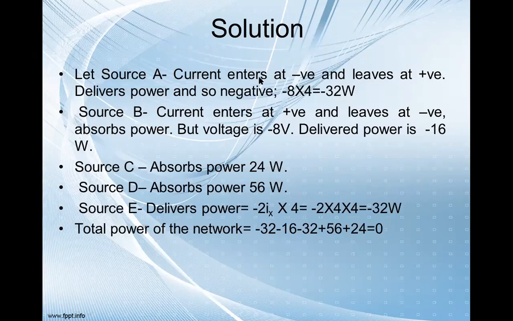So basically there is a sign convention. If the current is entering negative and leaving through the positive terminal, then the net power will be negative. Now similarly, if the current is entering the positive terminal and leaving the negative terminal, it is absorbing the power, and the sign convention in that case should be positive.